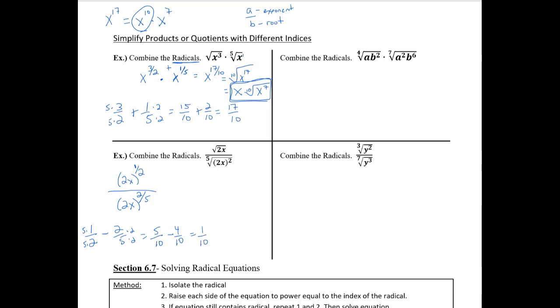So 1/10. So that whole quantity goes to 2x to the 1/10 power. That means the exponent is 1 and the root is 10. And there's nothing else to simplify there. Try the 2 examples on the right.